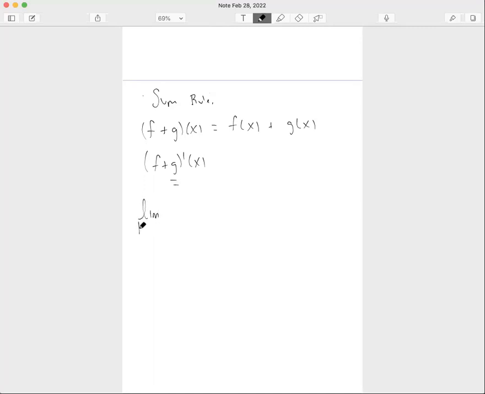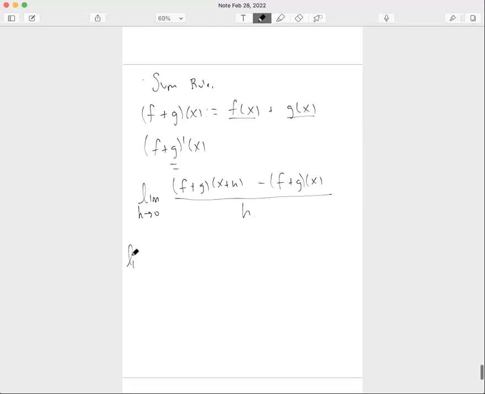Take the limit as h goes to 0 of (f plus g)(x plus h) minus (f plus g)(x), over h. The sum of functions is defined this way, where you add just the y values of each. So I have the y values of f of x plus h, the y values of g of x plus h, the y values of f of x, and the y values of g of x.